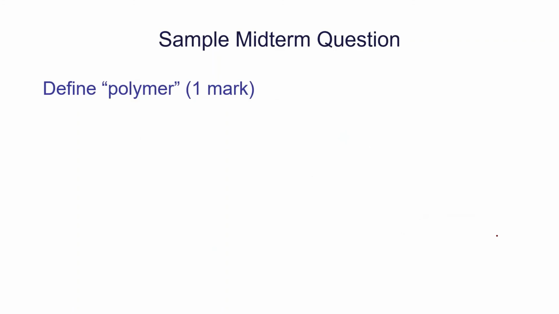What I'm looking for is that you don't give me one word. It doesn't have to be a sentence. On my test, you don't have to use sentences. You can use point form, but a sentence is fine. What I want is a complete thought. You may not get a full mark if you're not giving me that complete idea.